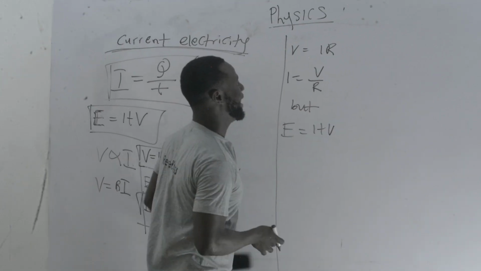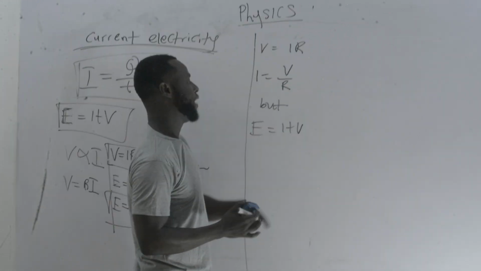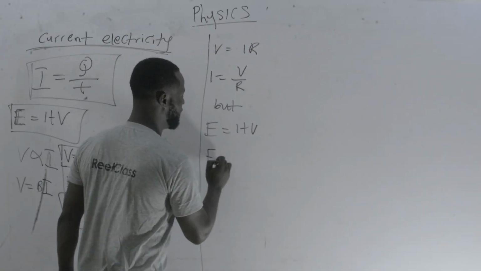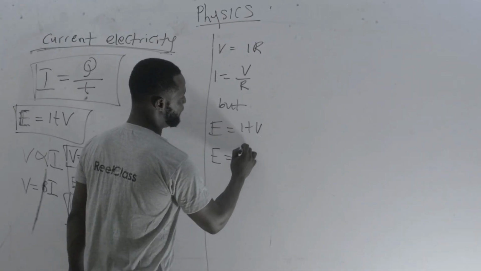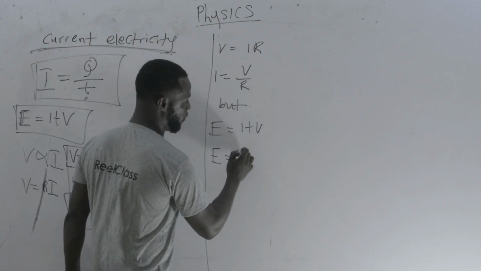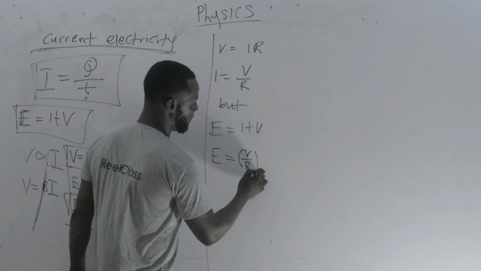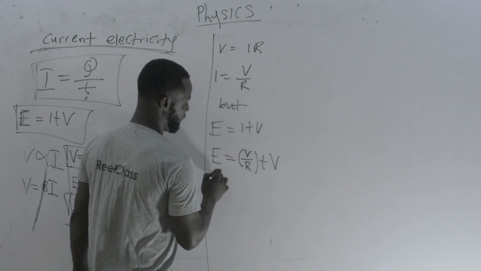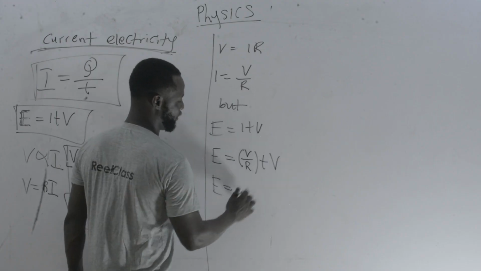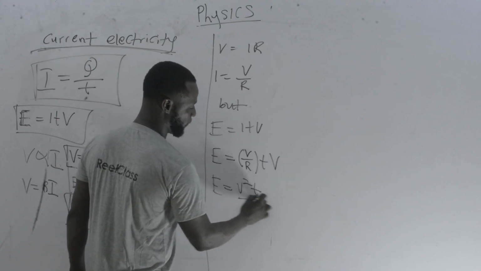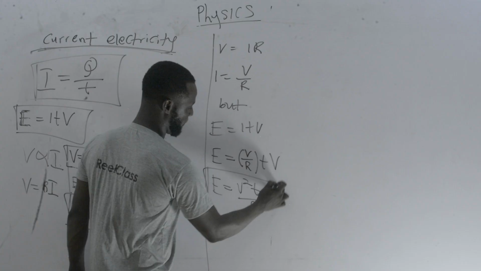So anywhere I see I, I'll put V over R. If I do that, I will have E equals V over R times TV. From here, I'll have V times V is V squared T over R.